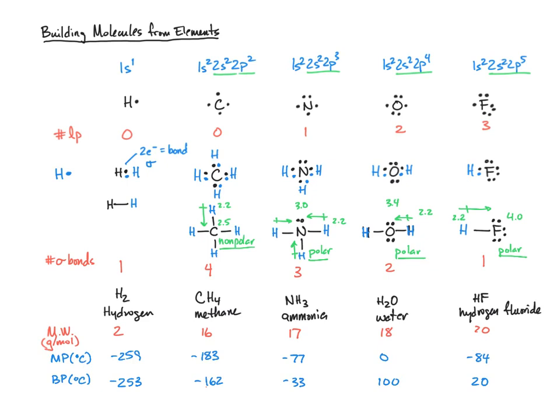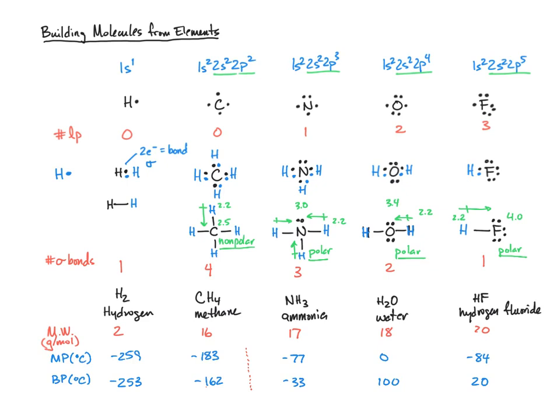If we examine the change that occurs, the very big jump that's observed in this region, we've already noted that methane is nonpolar, ammonia is polar. So one possible explanation as to why we see such a big jump in the melting and boiling points is the presence of polar bonds.